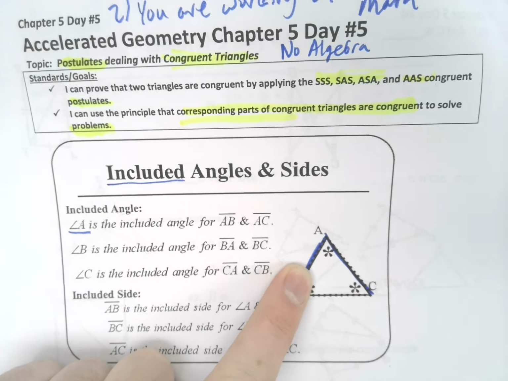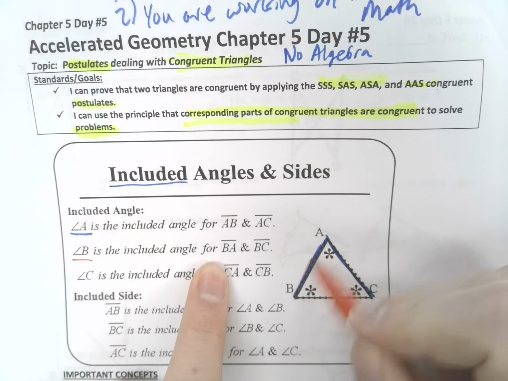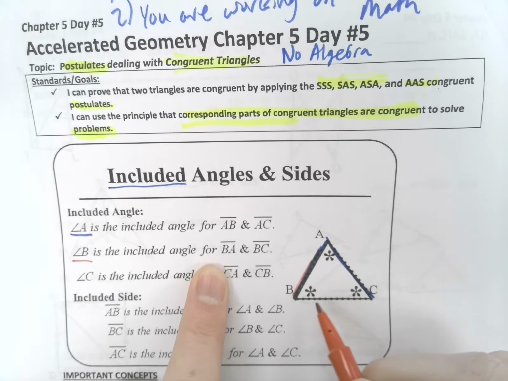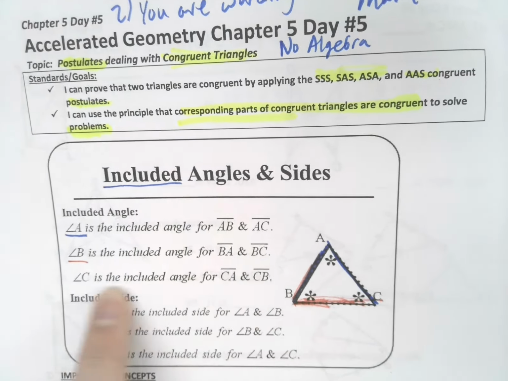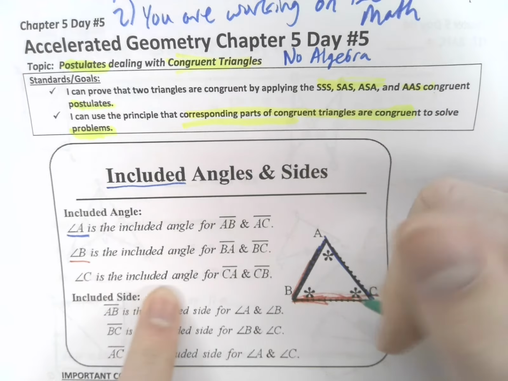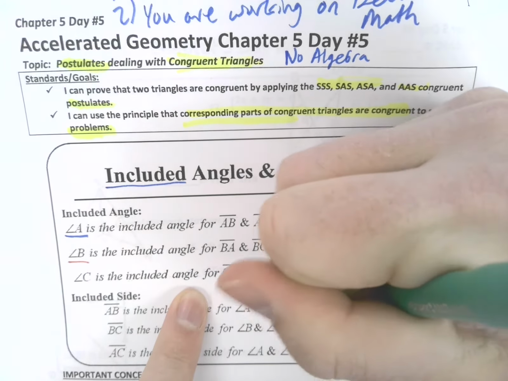Angle B is the included angle for BA and BC. Angle C is the included angle for CA and CB.